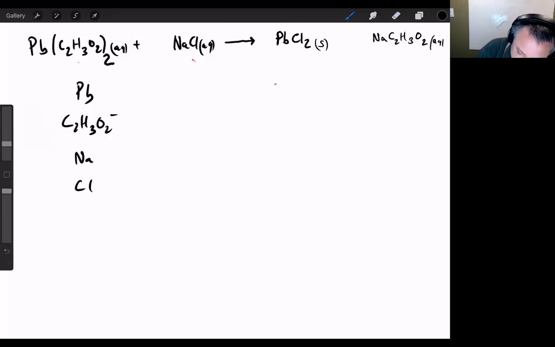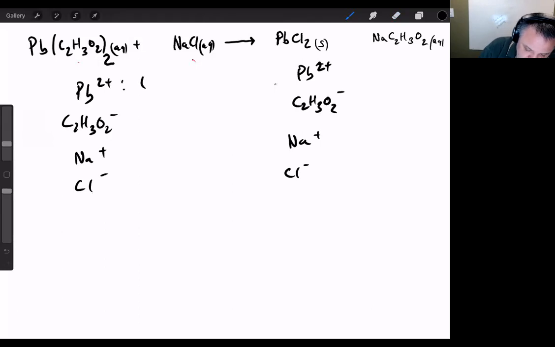How many chlorides? How many acetates are there? Remember, that doesn't change formulas, so I don't need to do anything with it. One here, two here, one here, one here, two here, one here, one here, one here.